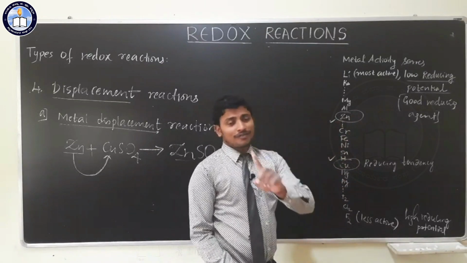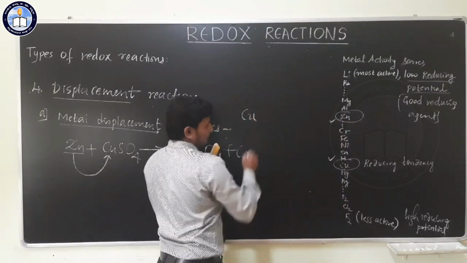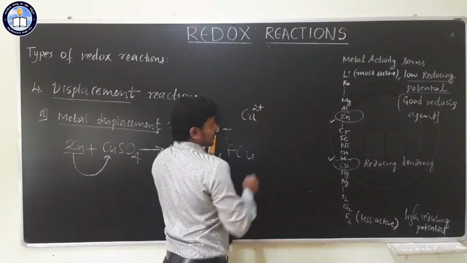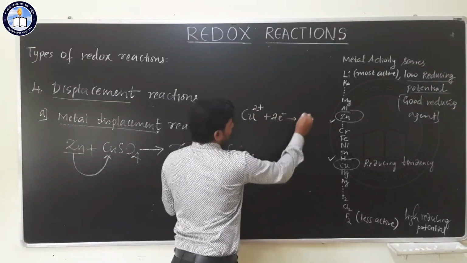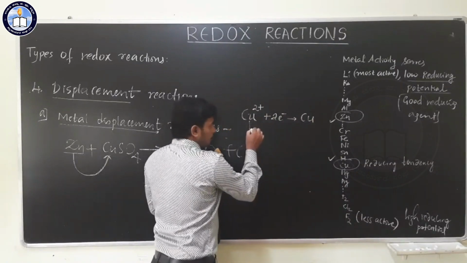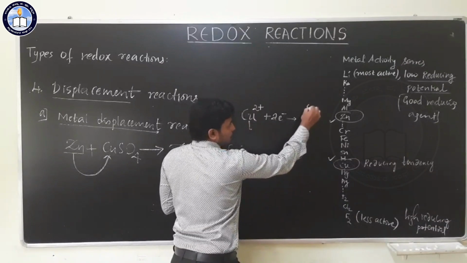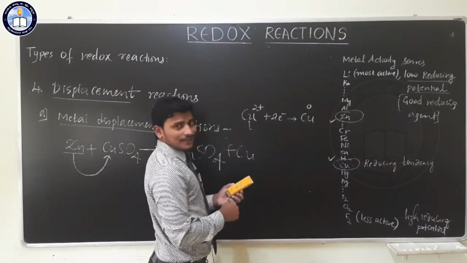What is the meaning of that? That is, copper in +2 state takes 2 electrons and forms copper. See this one, copper which is in +2 state has given us copper which is in 0 oxidation state.